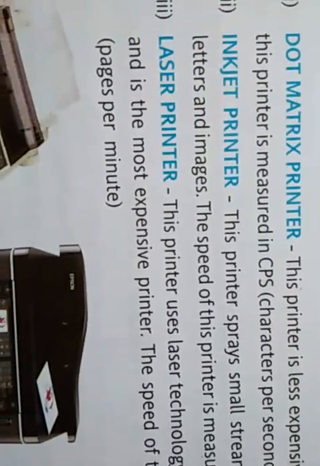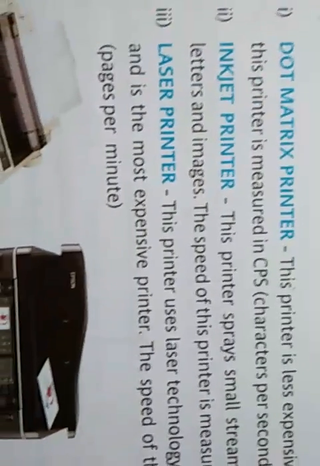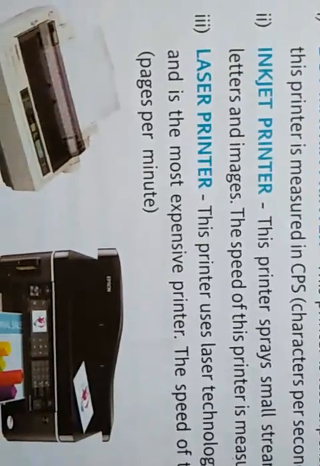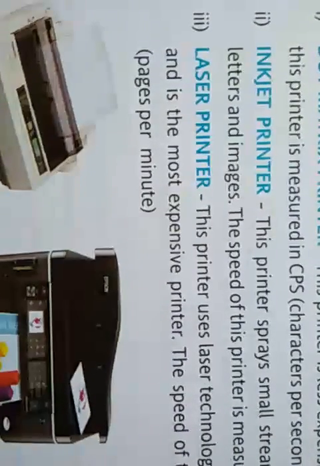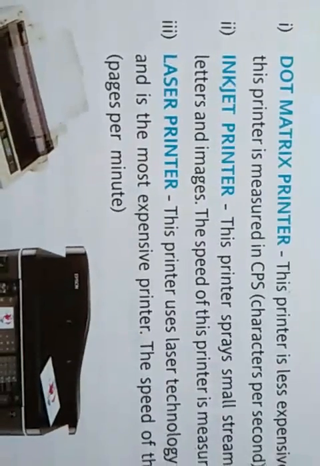The inkjet printer comes in the market both in black and colored. Third, the highest and best quality printer, is the laser printer, which works on photocopy machine technology, and its speed is measured in pages per minute.